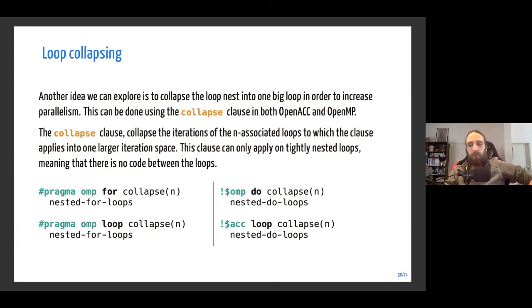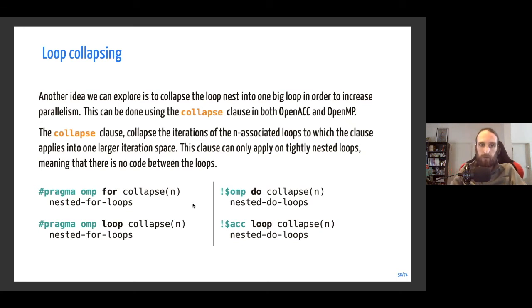As we have seen, partitioning the iteration space more and giving the GPU more threads to work on improves the result. What we can try is a collapse clause. The idea of the collapse is that we take the two loops and merge them into one. So we get a very big loop with a lot of iterations to work on.